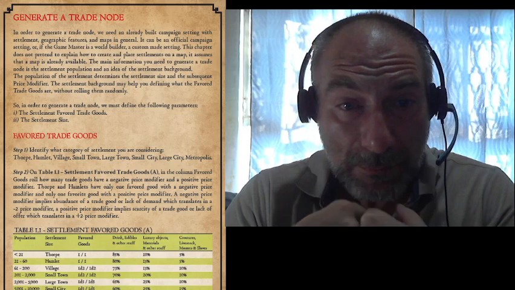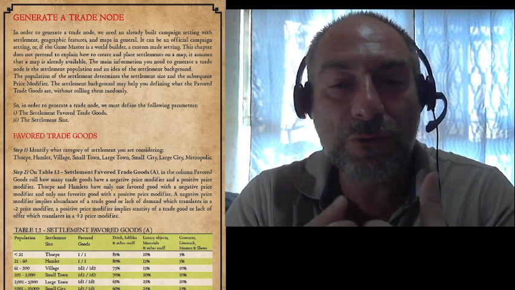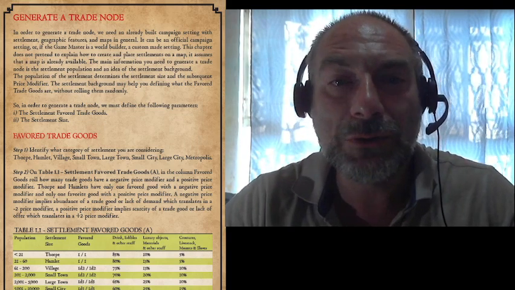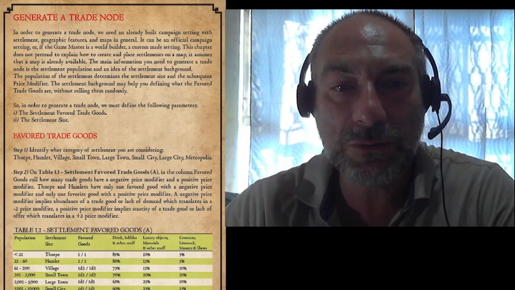This is basically what generating a trade node means. Now, every trade node may have one or more favorite trade goods. It depends on the size of the trade node. Of course, if you don't want to generate a trade node randomly, you can decide on your own that that specific city has those specific favorite trade goods.